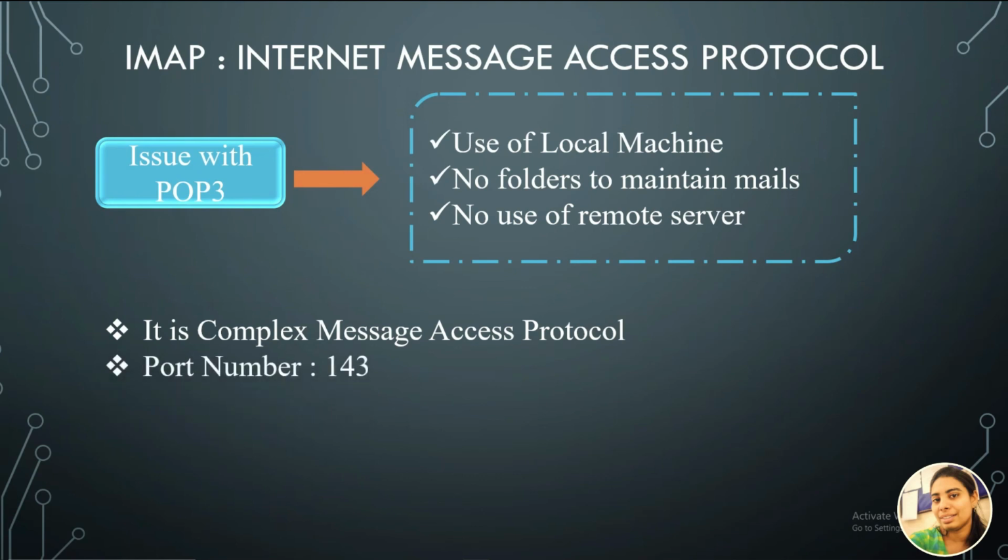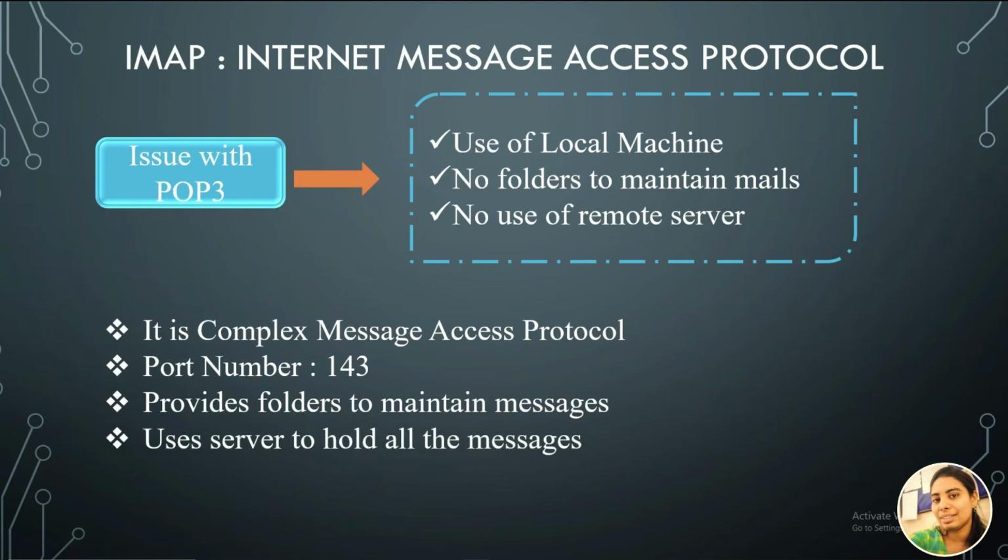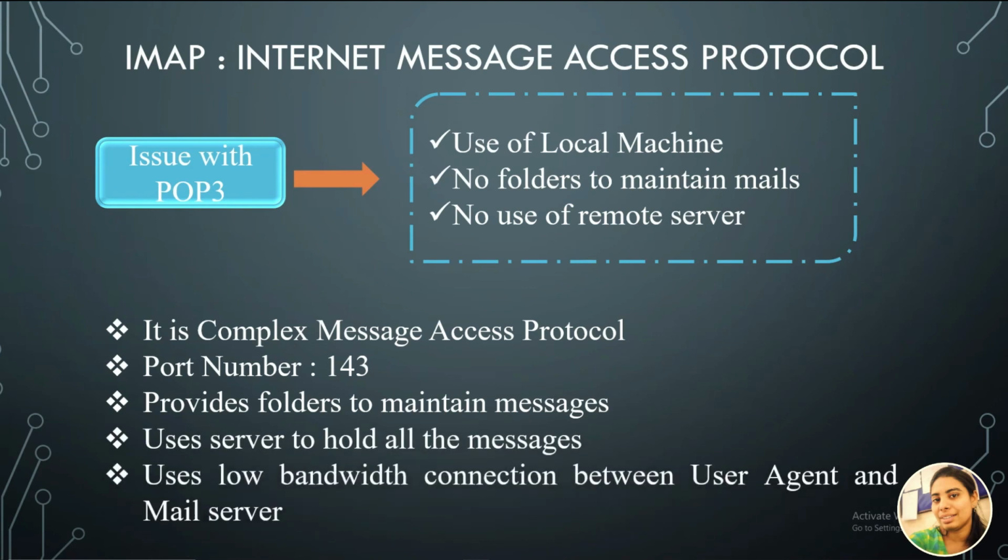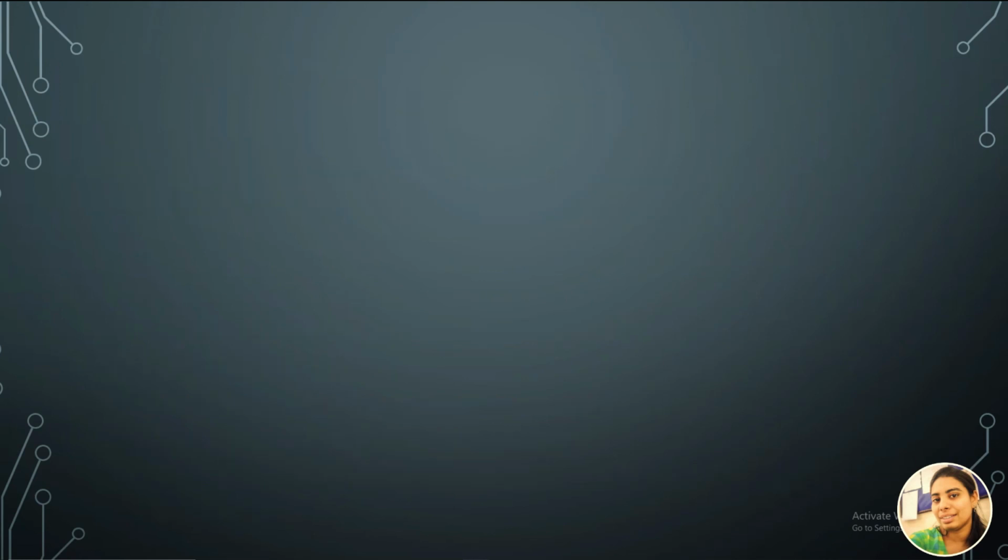It uses port number 143. It also provides folder functionality to maintain the messages in different folders, and most importantly, it uses a low bandwidth connection between the user agent and the mail server. Because of the many functionalities provided by IMAP, nowadays this protocol is used in the email system.